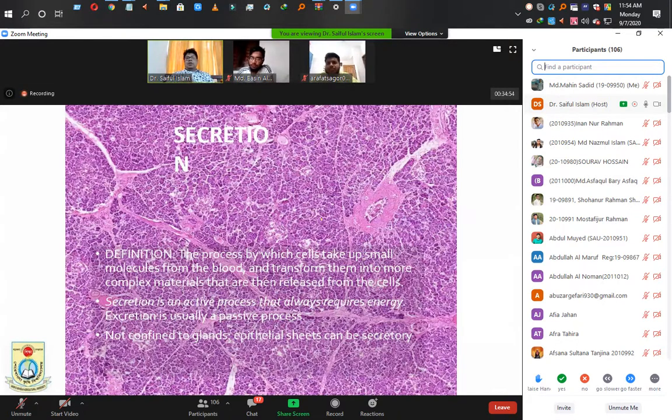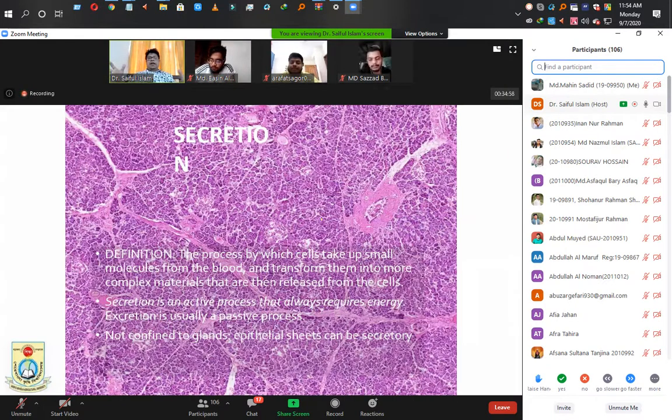Today we learned the different types of covering and lining epithelium, and how we identify them under the light microscope. In my next class, we'll discuss the glandular epithelium. So today this is all about the C and L epithelium.